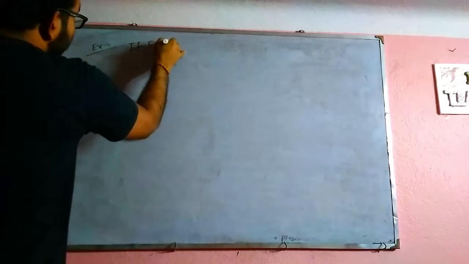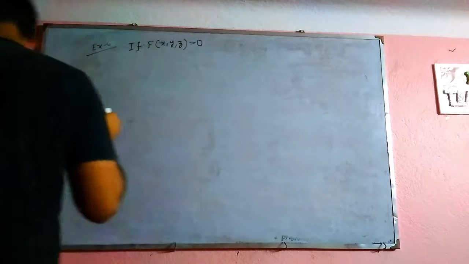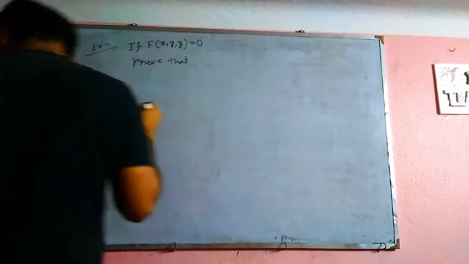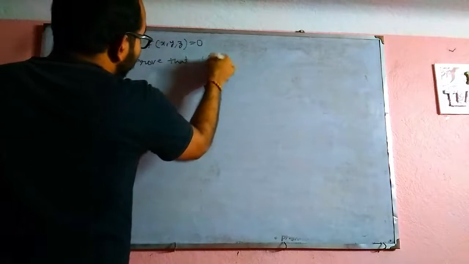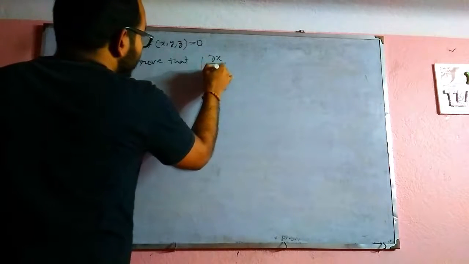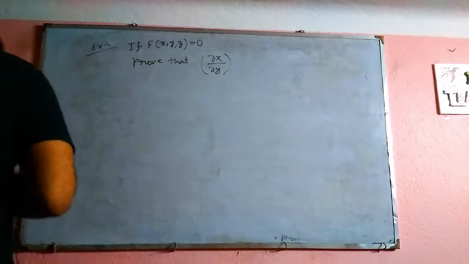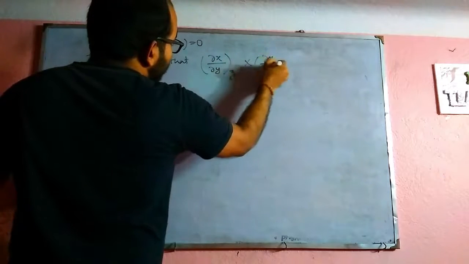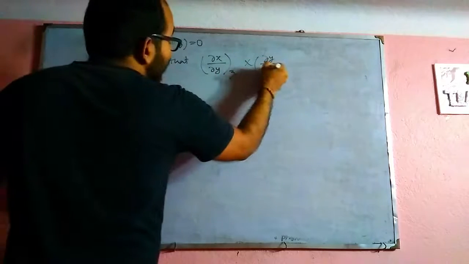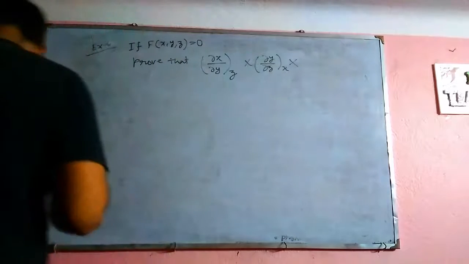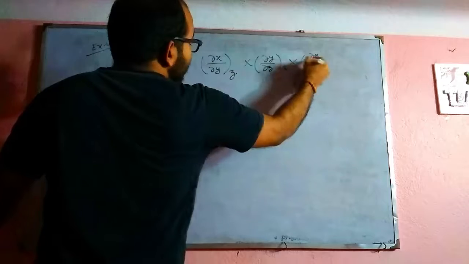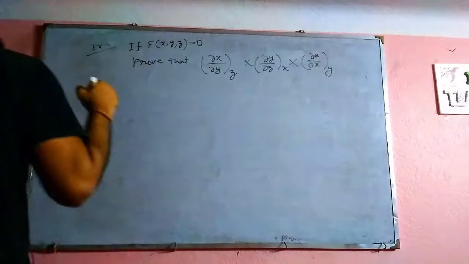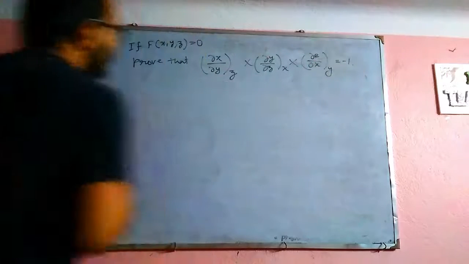Okay, our problem 6 is: if f of x, y, z is equal to 0, conclude that (del x/del y at z) into (del y/del z at x) into (del z/del x at y) is equal to minus 1.